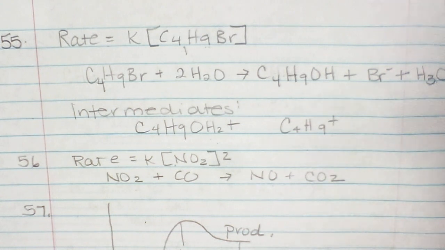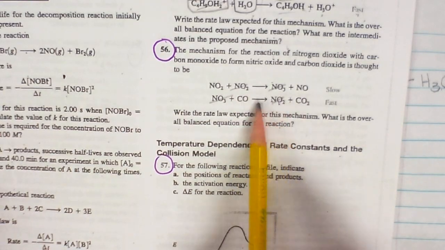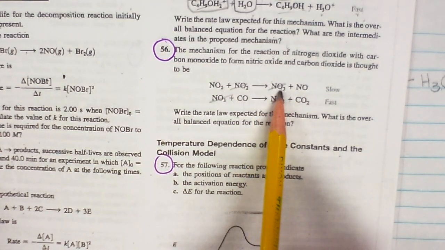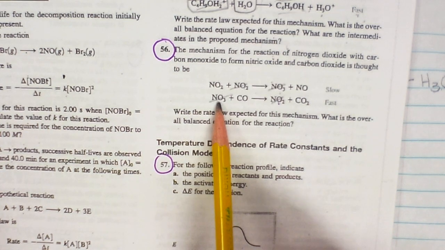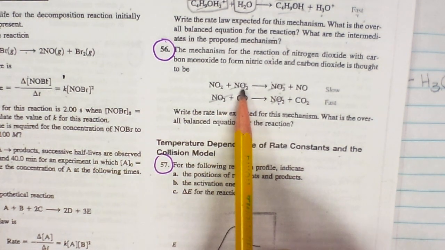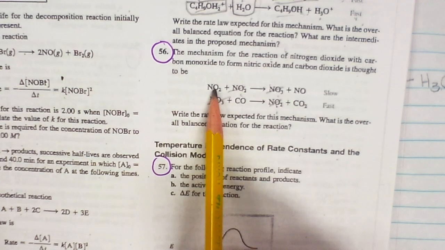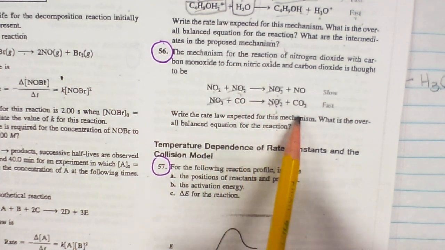Number 56, the exact same question. I canceled out my intermediates, NO3, here it is and here it is, and I canceled out the catalyst, NO2, one of the NO2s and one of the NO2s canceled out. The other NO2, nitrogen dioxide, is still there. But one of the NO2 was used as a catalyst.